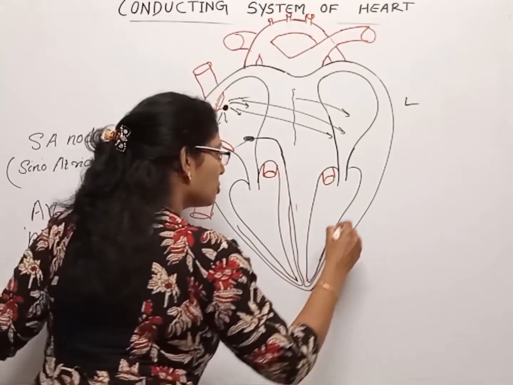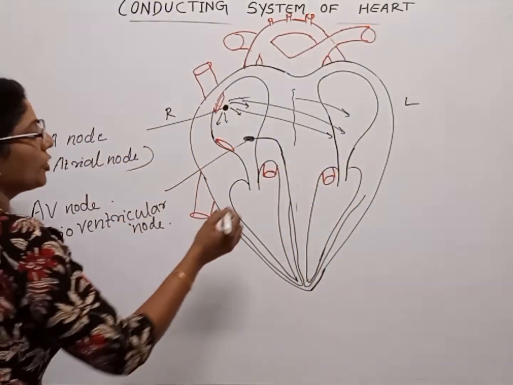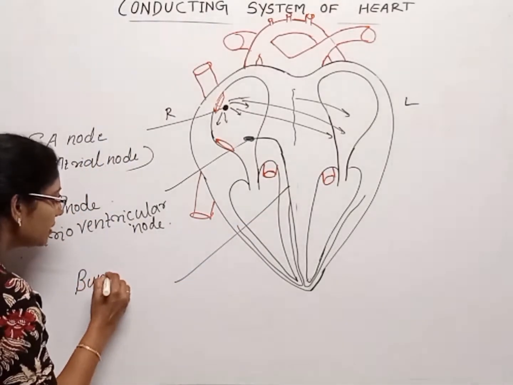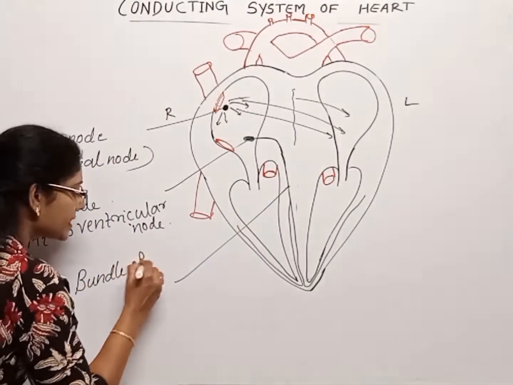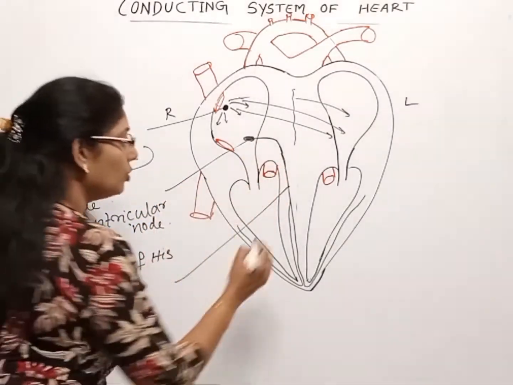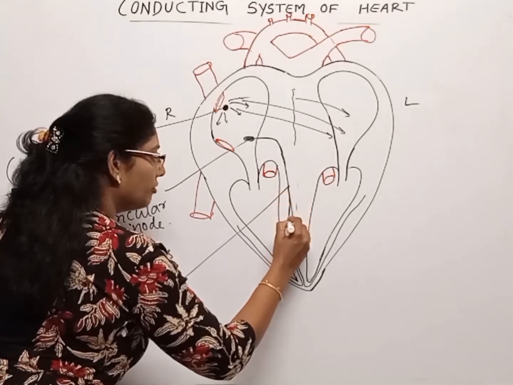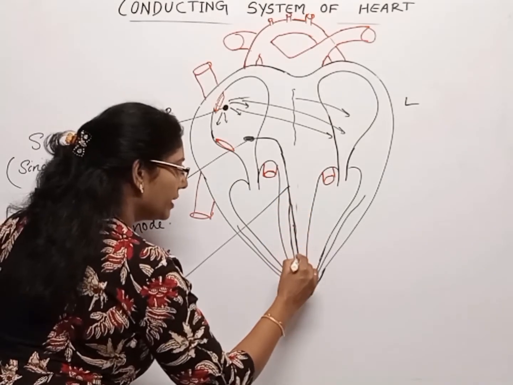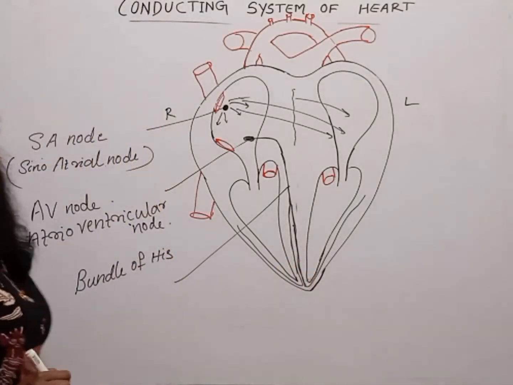This nodal fiber is called bundle of His. This is the right branch of the bundle of His, and this is the left branch of the bundle of His. Understood?